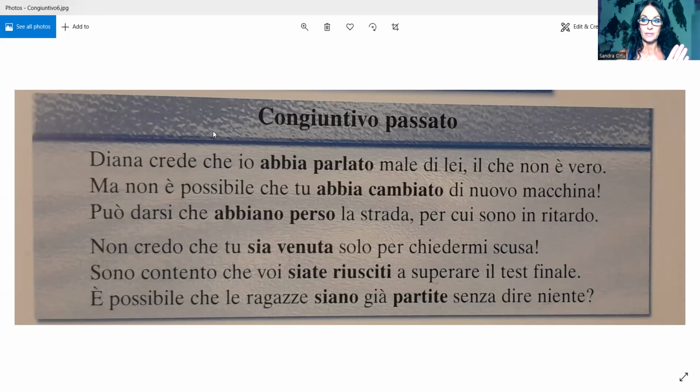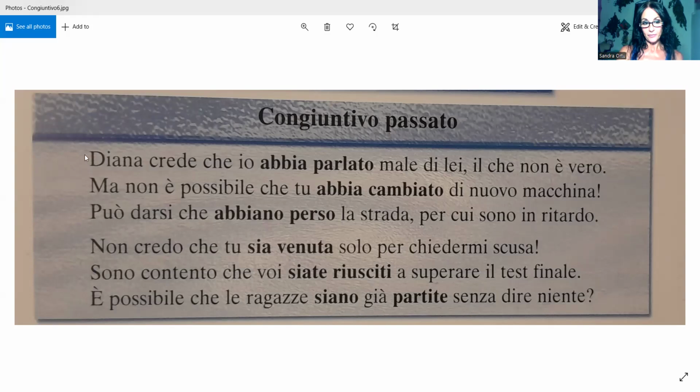In the very first sentence, we have those verbs and expressions and conjunctions that trigger the congiuntivo, which comes instead in the second part of the sentence. So we normally have a couple of verbs, and the second one will be congiuntivo.